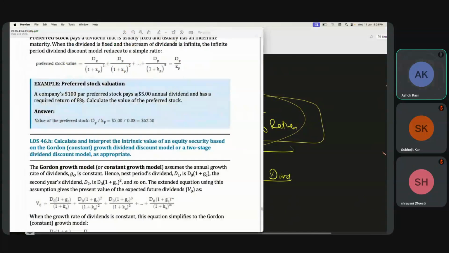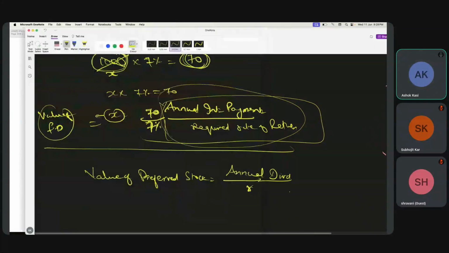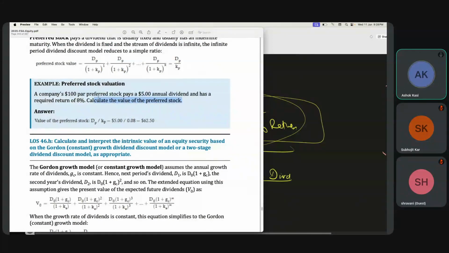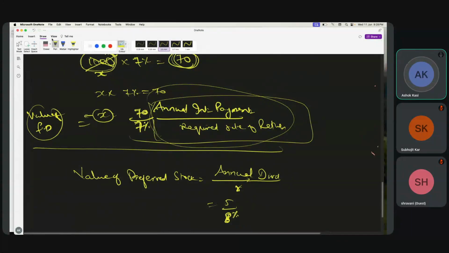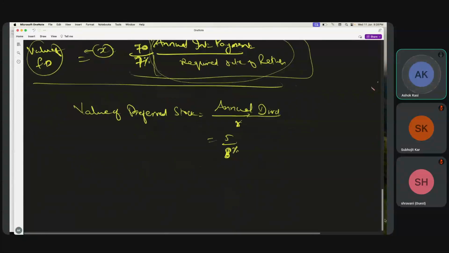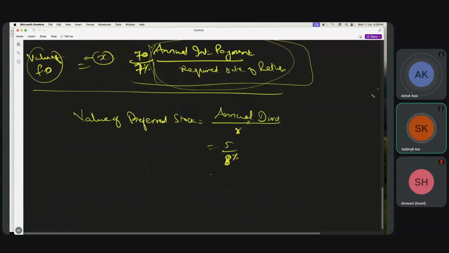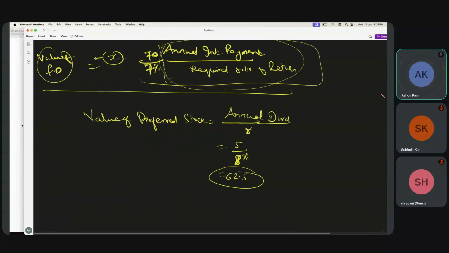Here the annual dividend is 5 and the required return is 8 percentage. 5 divided by 8 percentage is 62.5. So 62.5 is the price of the preferred stock.